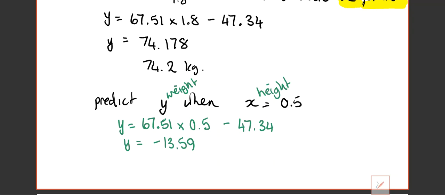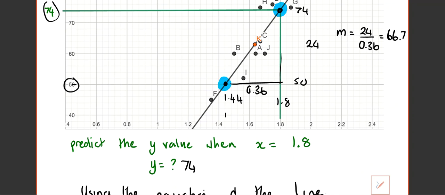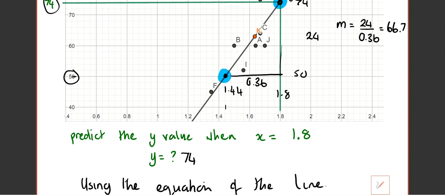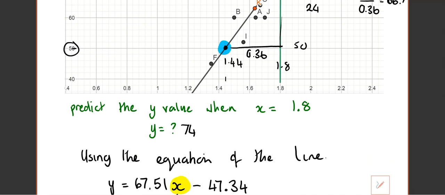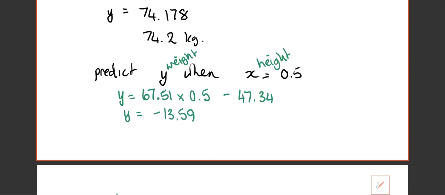Now, what did we just do with that prediction? We extrapolated. We went beyond the data that we've got. We went below it, in fact. Extrapolation is not always going above, it's going below. And because we extrapolated, I didn't do anything wrong at all, and this is important for your criterion D. We then have to look at it and go, look, my maths, my formula, my equation was correct.